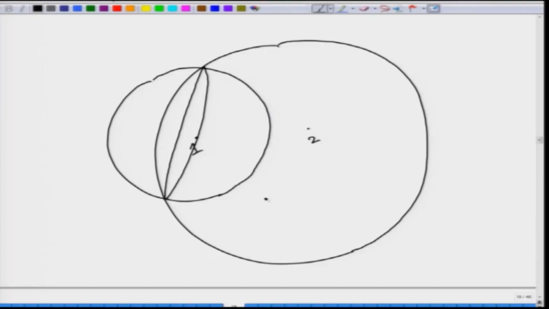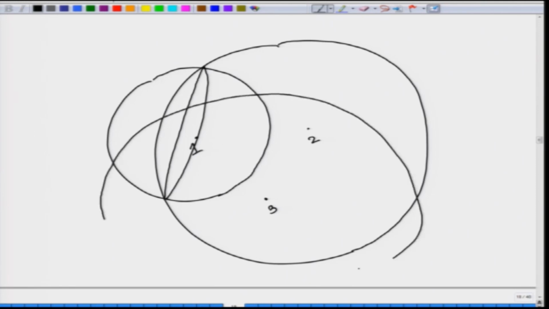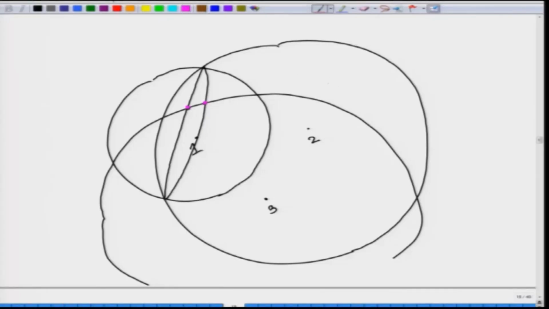Now, with the third satellite, you can construct another sphere, and in this case you will know that you are at either this location or this location. One of these locations will fall on the earth. If you are taking measurements from the earth, then the earth also makes another sphere, or else if you are taking measurements in the sky in 3 dimensions, then you will have to make use of a fourth satellite.